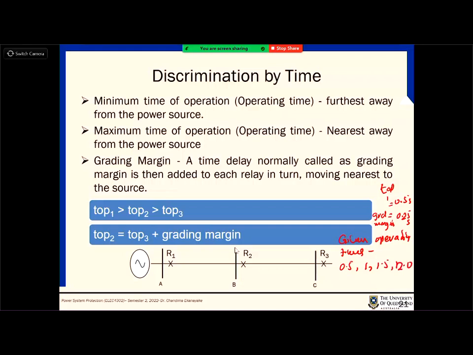Right? Now what should be the operating time of TOP2?